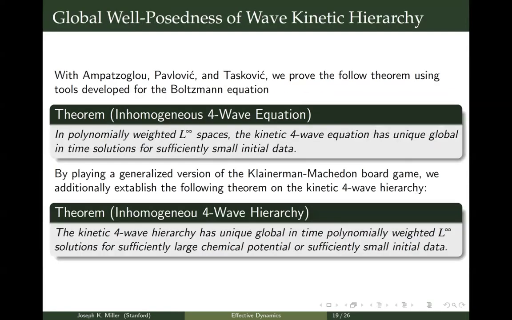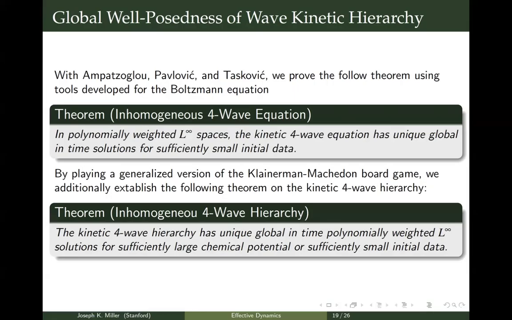Okay. So using tools that were kind of developed for the Boltzmann equation, there's a nice paper by Toscani on how to use that. Because I'm inhomogeneous, I'm transporting, and I can use the weight to my advantage.